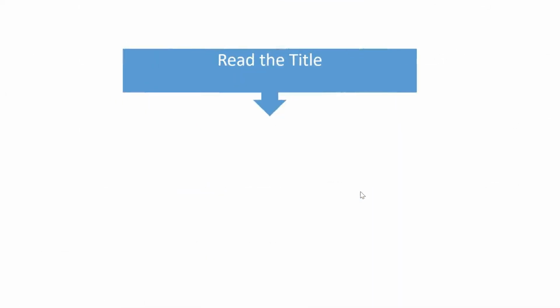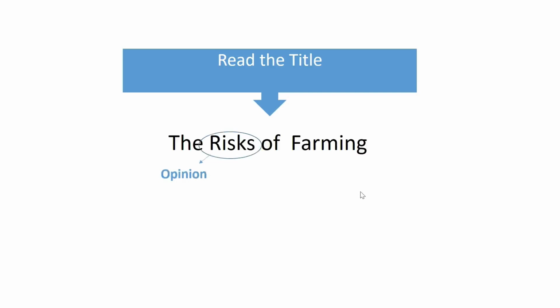So the first step is to read the title. The title of the article is The Risks of Farming. So straight away we have the word here, risks. So we know that this is an opinion that somebody must have regarding farming. And it's negative.